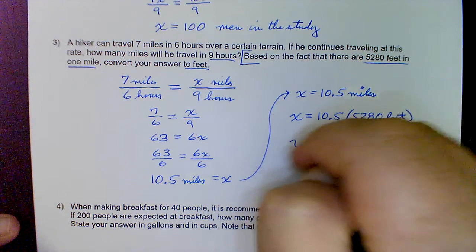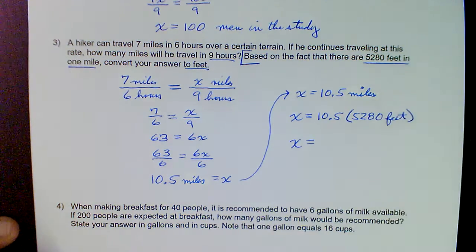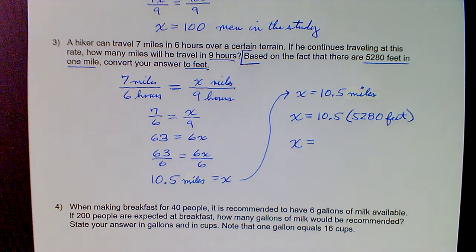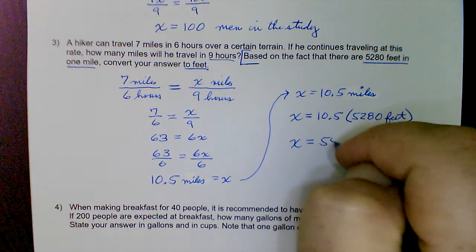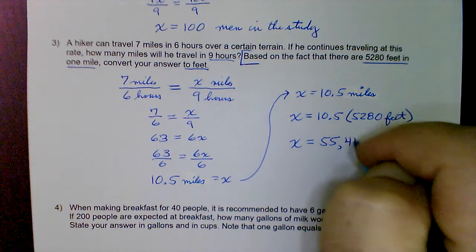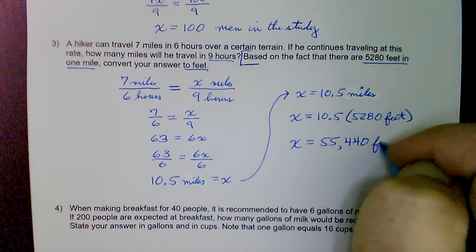And then it's just a basic multiplication. So obviously use your calculator. 10.5 times 5,280 is, let me double check this, 55,440 feet.